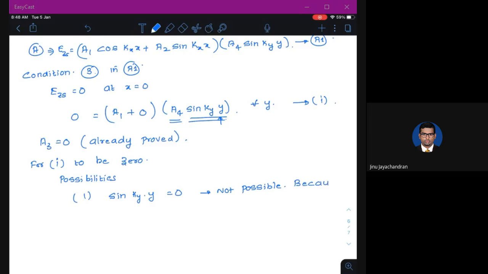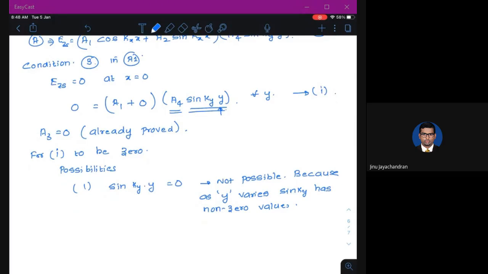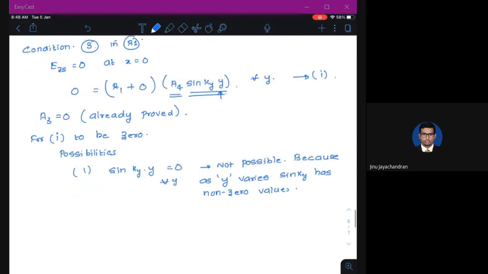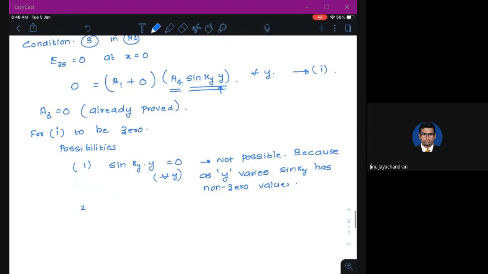Because as y varies, sine ky y has non-zero values. So this should be 0 for all y, which is not possible. Let me write for all y.